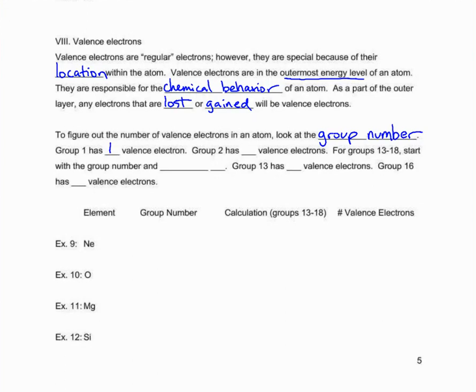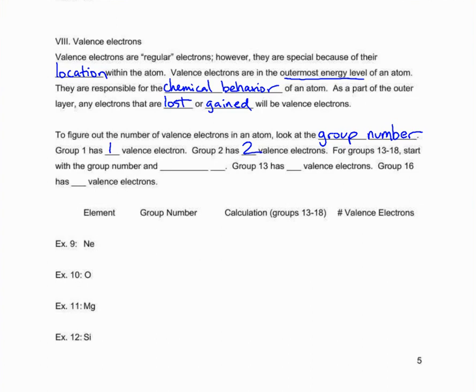Group 2 has 2 valence electrons. These ones are really easy to remember. Group 1 has 1, group 2 has 2. We're going to skip the transition metals, so we are skipping groups 3 through 12, that big block in the middle full of metals.